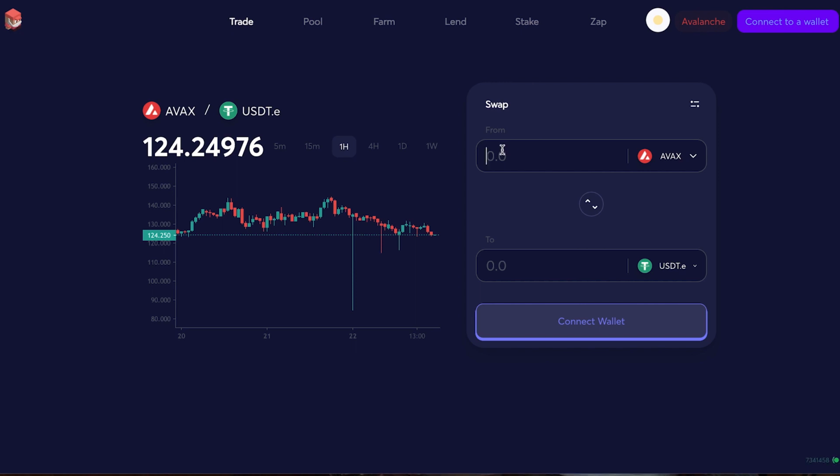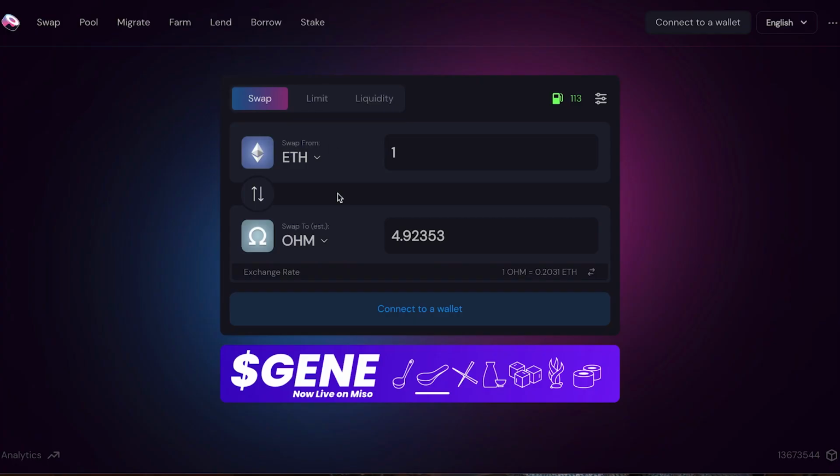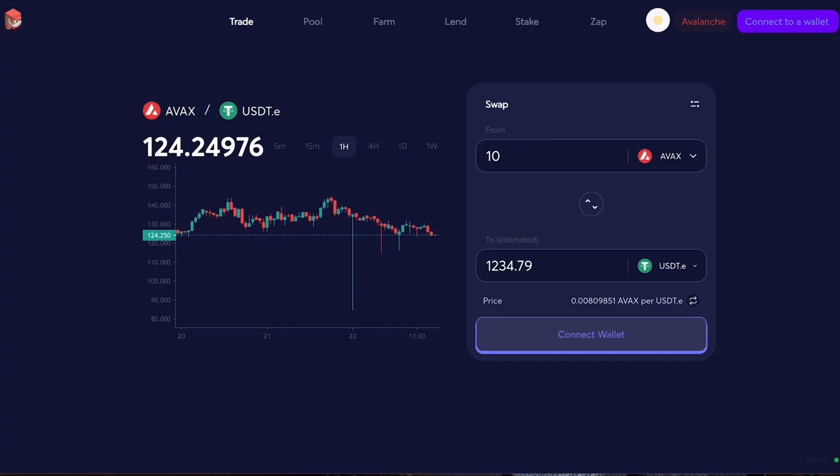So I could swap from, say, Avalanche to USDT, which is just the US dollar pegged to a stable coin that's on the Avalanche network, for very low fees. If I was to do this on SushiSwap, I would have to pay very high Ethereum gas fees. I think right now it would probably cost you about $60 in Ethereum to make a swap. On Trader Joe, you spend virtually nothing. And this is on the Avalanche blockchain.